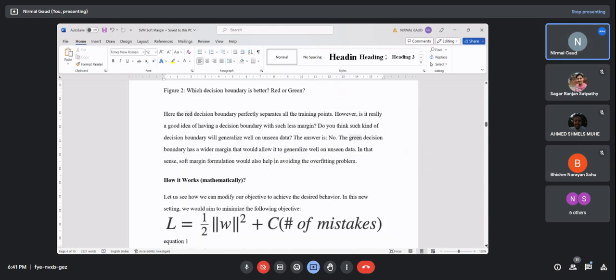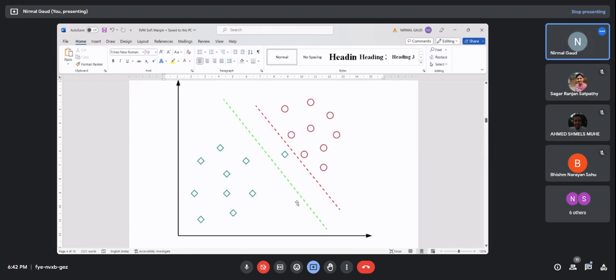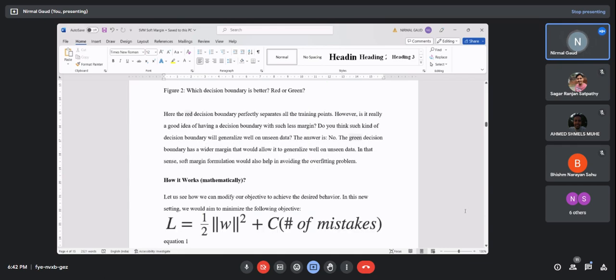Then what is good? The green boundary has a wider margin that allows it to generalize well over unseen data. That's what we have derived. We have a generalized equation, and when I fit the data points into it, this green margin is going to work better for me. However, there is an issue with this green margin, the misclassification, but it will help you in avoiding the overfitting problem.